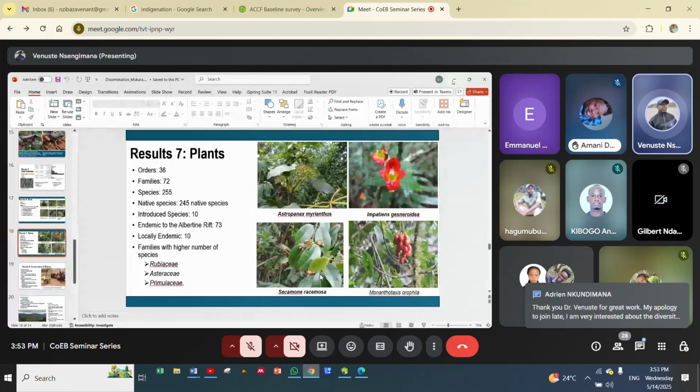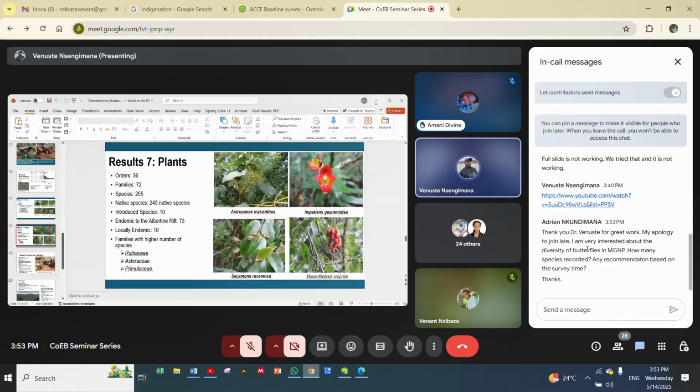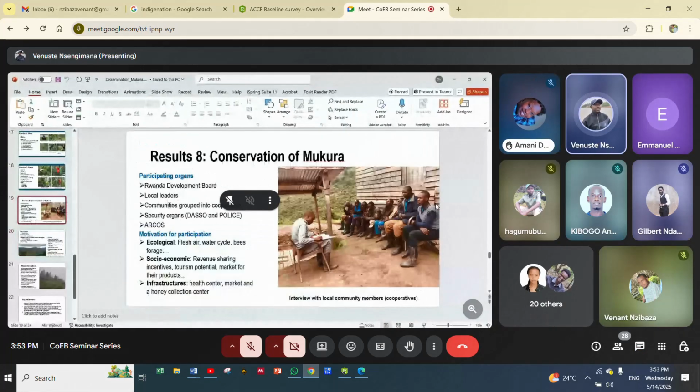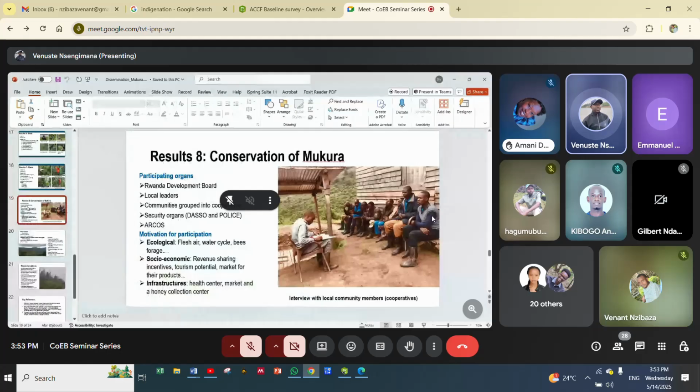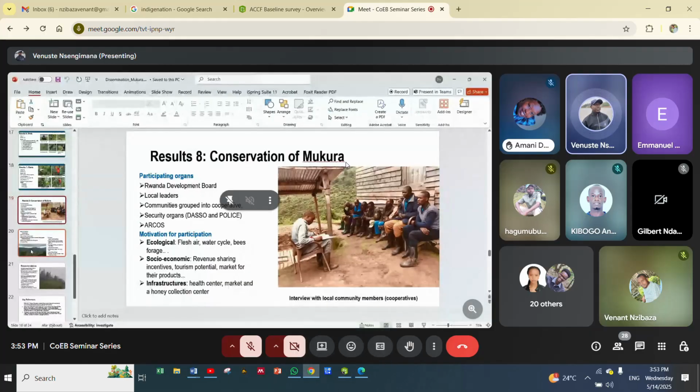Concerning the threats, we have also talked about them. If we go to this slide about challenges, there are some threats that I talked about in the introduction, and some of them are still existing in the area, such as encroachment, local communities entering the forest looking for food and firewood, and some illegal mining activities.